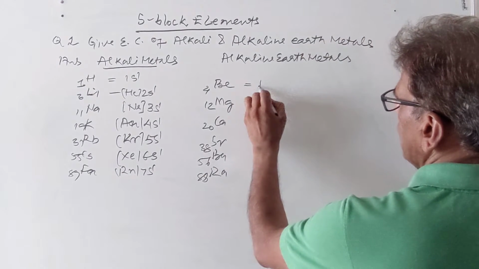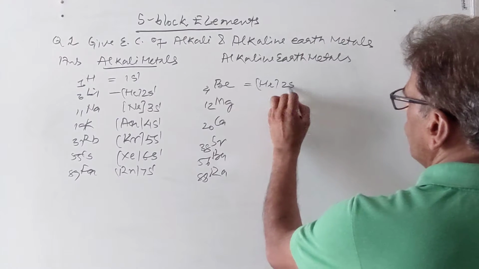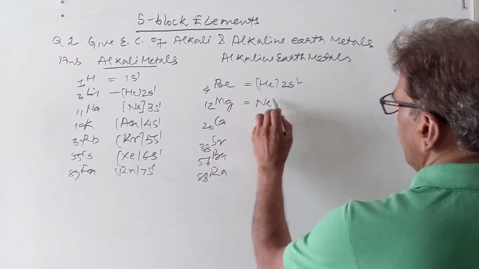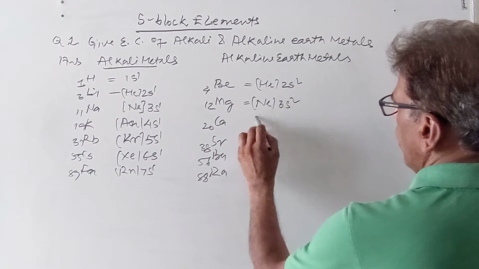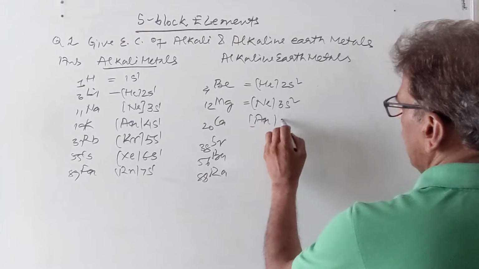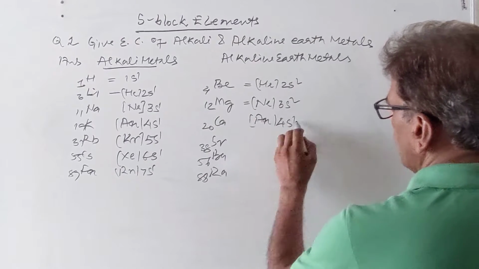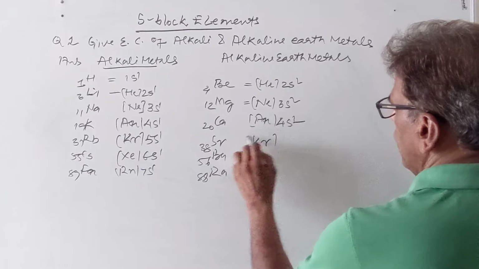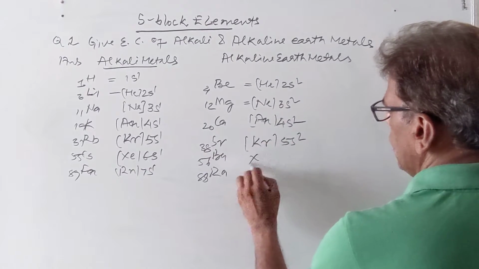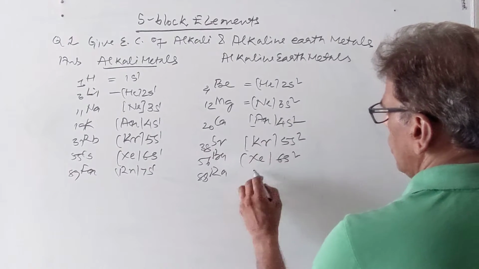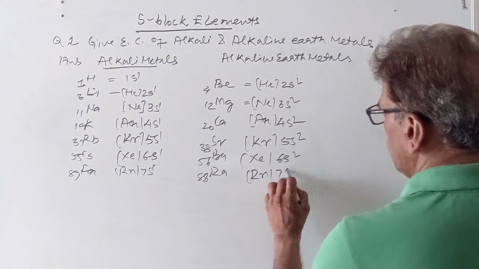We have the configuration helium 2s2, then neon 3s2, argon 18, then 4s2, krypton 5s2, xenon 6s2, radon it is 7s2.